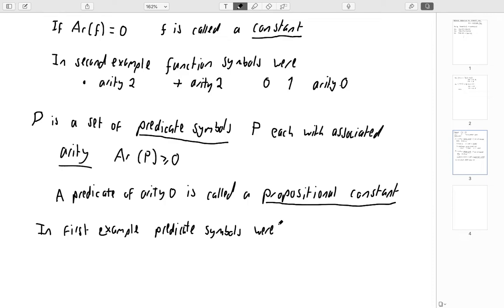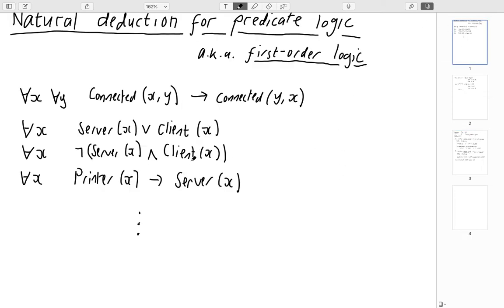Let me just check. Let's go back and have a look. So connected was a predicate symbol of arity 2. It's taking two arguments. Server, client, and printer were all predicate symbols of arity 1.